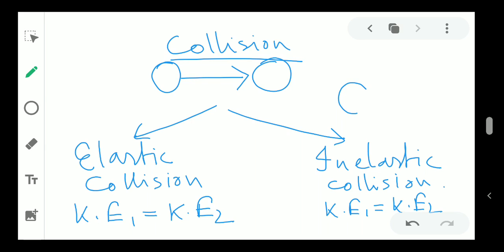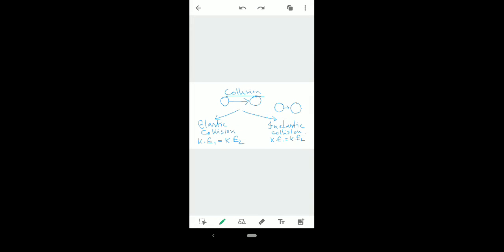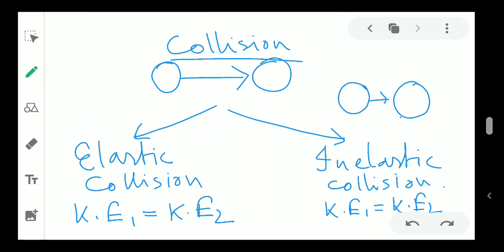Let's say we have a ball and it is colliding with another ball, what will happen? When this ball collides with this ball, now this ball is not rigid, nothing in this world is perfectly rigid, right? So as a result, this ball will squeeze a little bit, so it will become oval, and this first ball will also become a little oval.